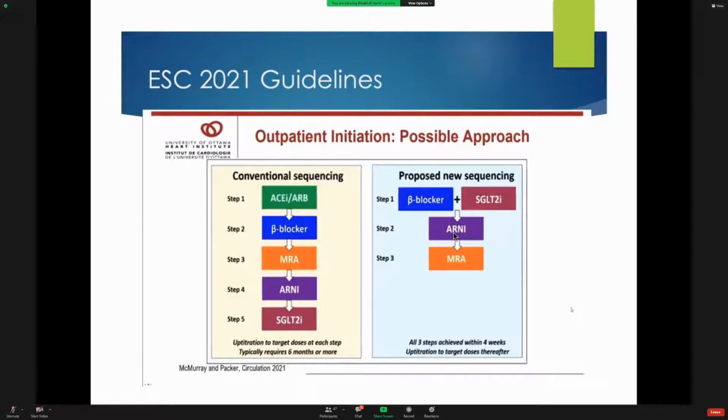I will go with ARNI, SGLT2 inhibitor, beta blocker, and then step 3 MRA. Not this one, because there is a lot of evolution now in study about the SGLT2 inhibitor. So I will just go with this one. I will even put this one plus ARNI, ACE, or ARB, plus beta blocker, plus SGLT2 inhibitor, and then step 3 MRA.